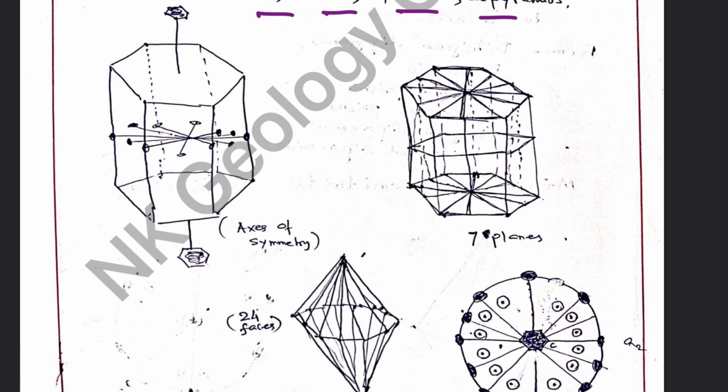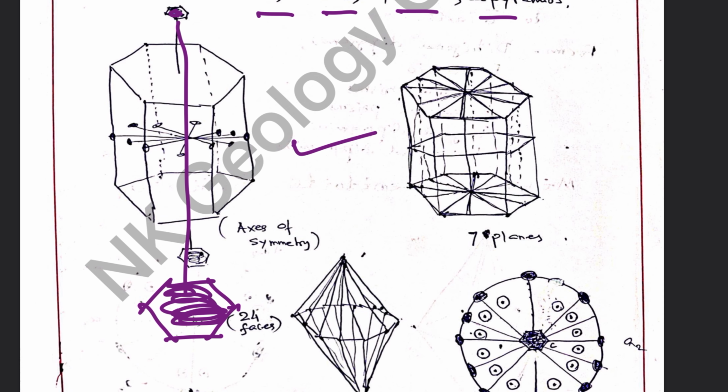And this is how the axis of two-fold symmetry has been shown. And this is the axis of six-fold symmetry. The C axis is the axis of six-fold symmetry. And along the horizontal axes, we have 3 axes of two-fold, and bisecting these axes we have another 3 axes of two-fold. So like this we have 7 axes of symmetry. We have the 7 planes.